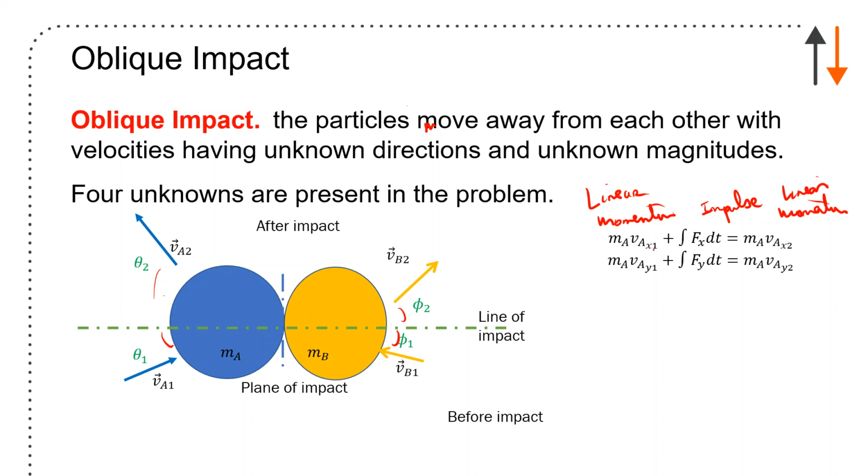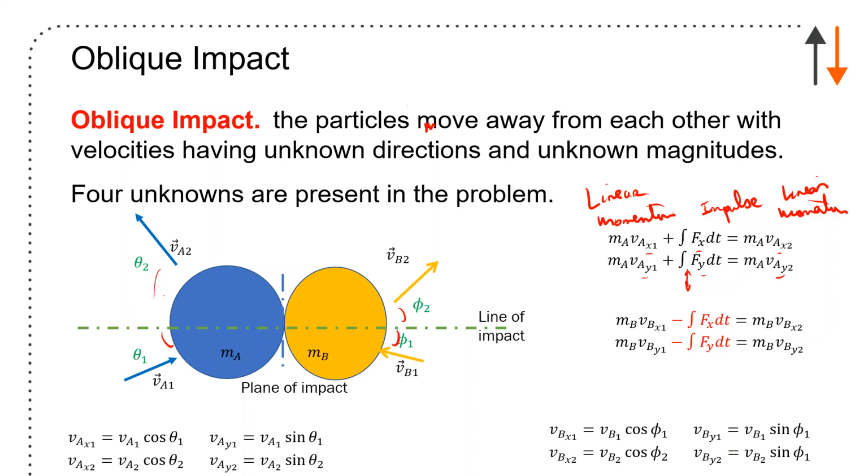And it's in coordinate directions, x and y, for particle 1 and particle 2. I also have it for the other particle, mB vBx1 and mB vBy1, but because of Newton's third law, both of these are separate, or of opposite sense.